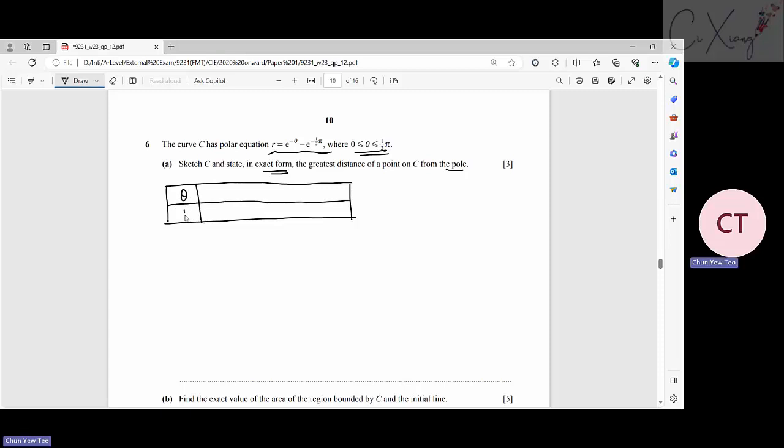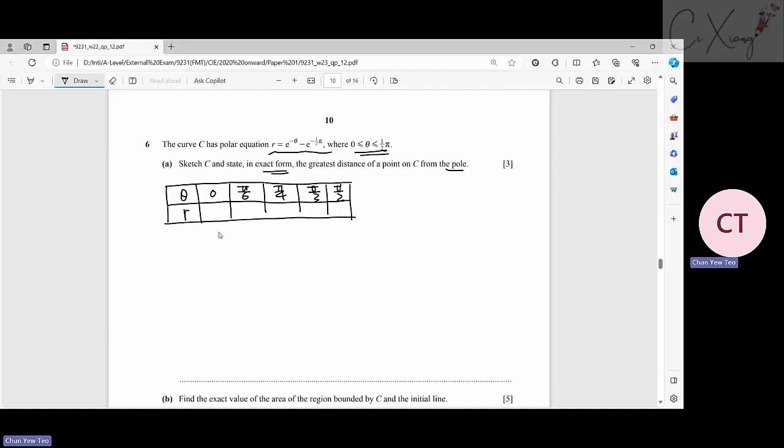So this is theta, this is the r. So from 0 to pi over 2, you can actually try to show some special values over here. You can just use pi over 6, then pi over 4, pi over 3. Then the last one is pi over 2. Okay, so it depends on how many points you want.